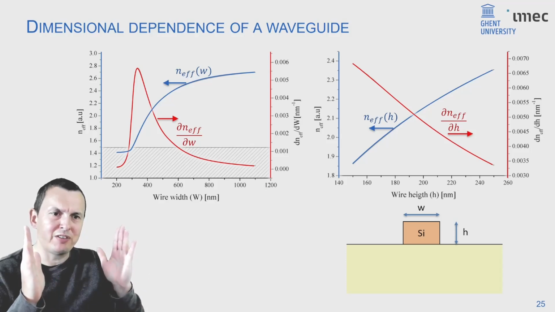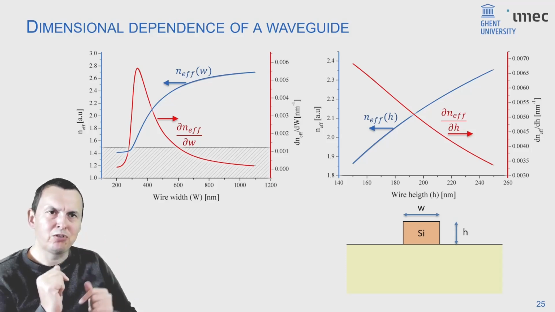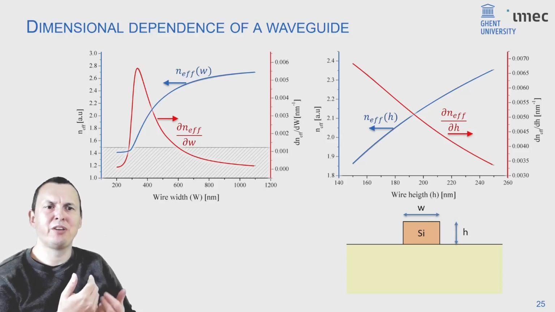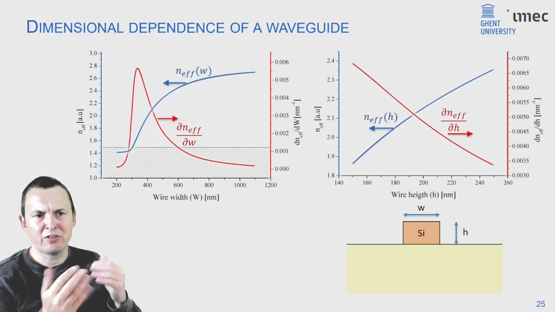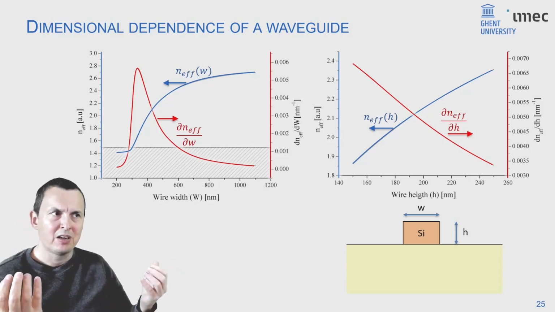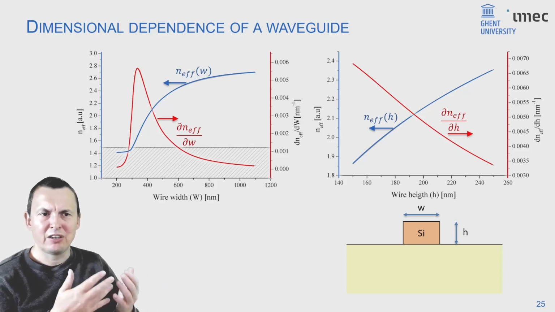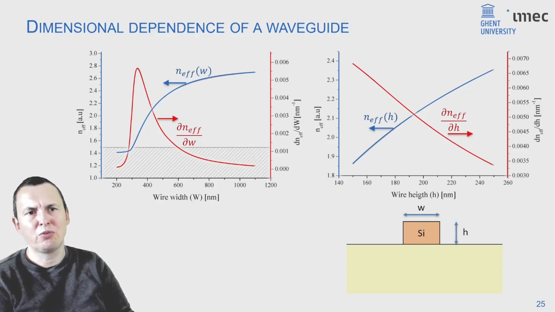So you can imagine if that sidewall moves a little bit, like with a nanometer, that will already have an appreciable effect on the propagation constant, of how much light is actually inside the silicon or outside the silicon. And likewise for thickness, if you change the thickness, your effective index, your propagation constant, will rapidly change.